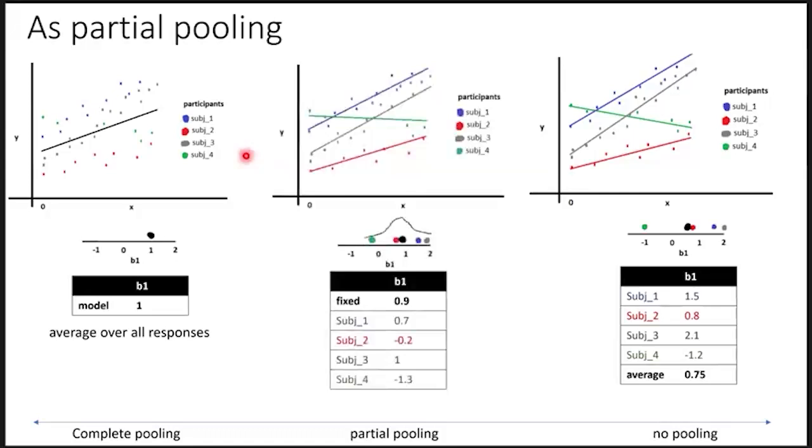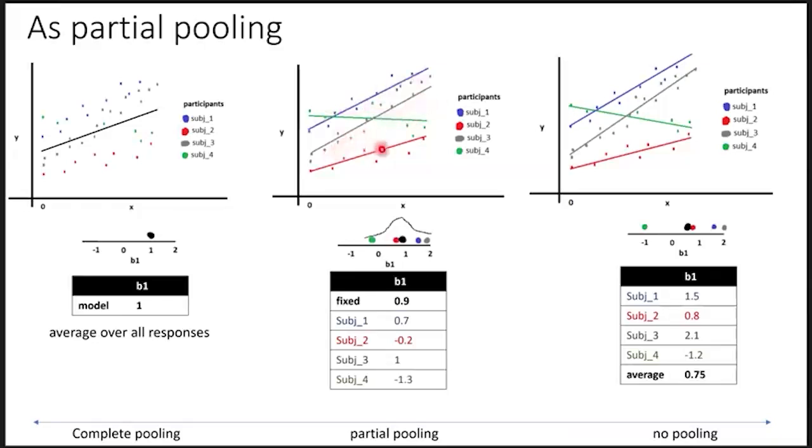So partial pooling does fit a slope. You can think of it as fitting a slope for all the data with correction factors for each subject, like we said the other time. But also you can think of it as fitting a slope for each subject.